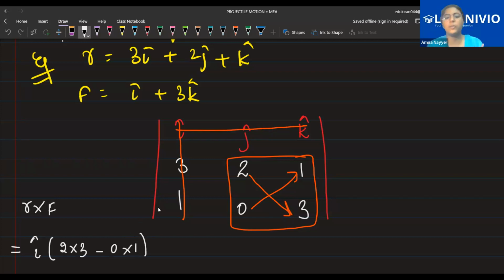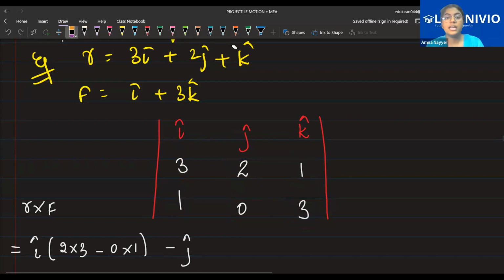That's how we are going to write. Then for J cap, don't write plus, always write minus. Remember this for other questions too, that you have to write minus J cap. So I cap plus J cap plus K cap, with the I row and column cut.